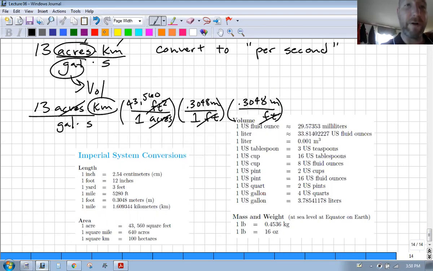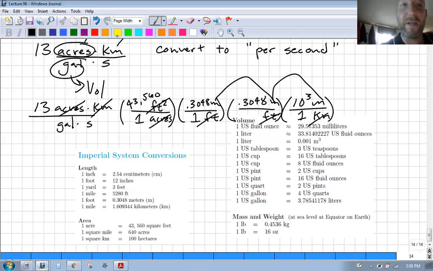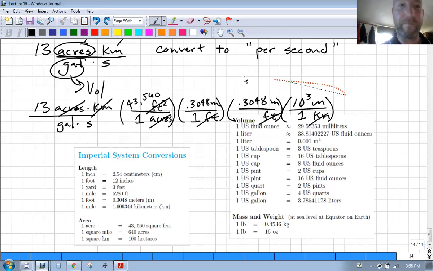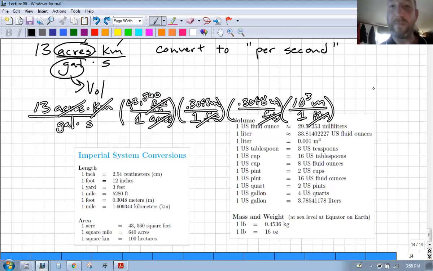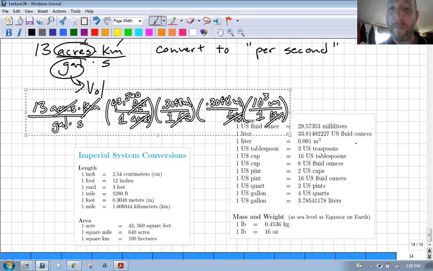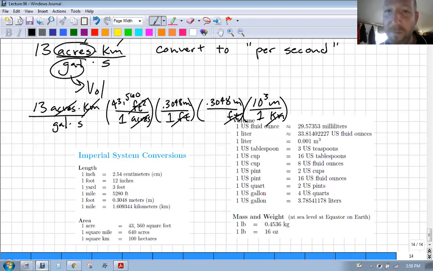And then we got a kilometer. So if we get rid of these kilometers in favor of meters, 1 kilometer is 10 to the 3rd meters. So kilometers are gone. I now have meter times a meter times a meter. That's a meter cubed. But I know that 0.001 meters cubed makes a liter.